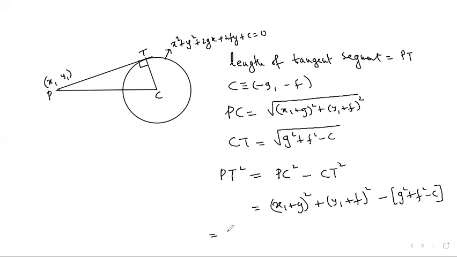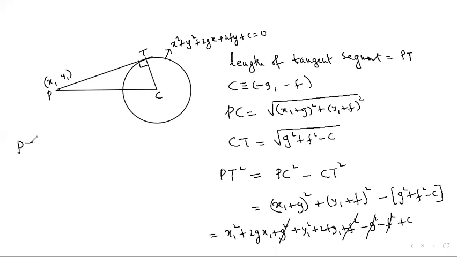When you expand it, g square and f square will get cancelled. So length PT is square root of x1 square plus y1 square plus 2gx1 plus 2fy1 plus c.